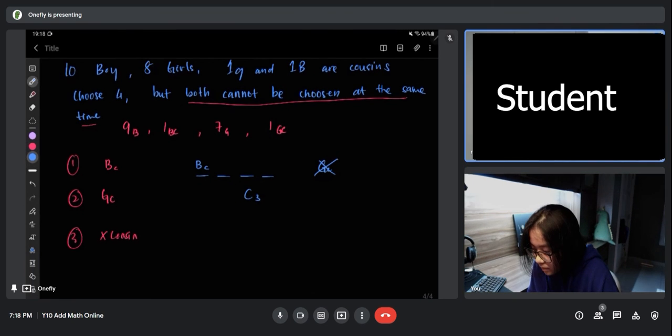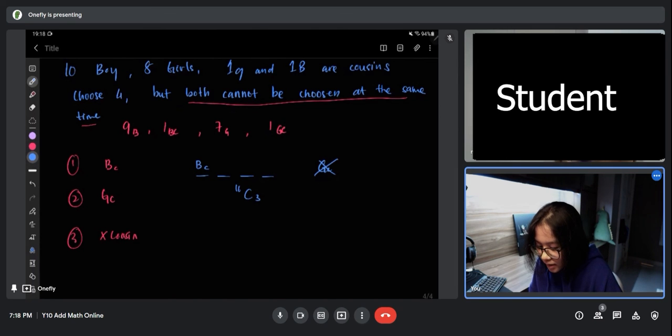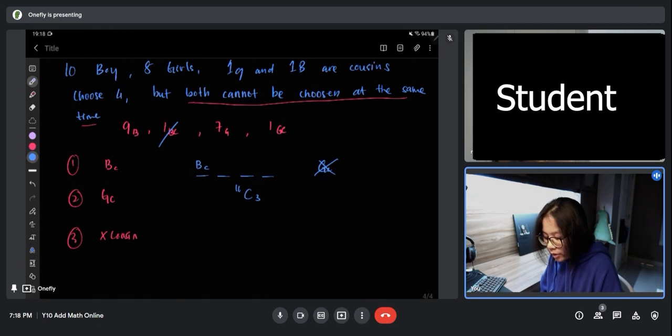16. Yes, 16. So 16 comes from fixing the boy's position and excluding the girl cousin. Okay. This is one of the scenarios.